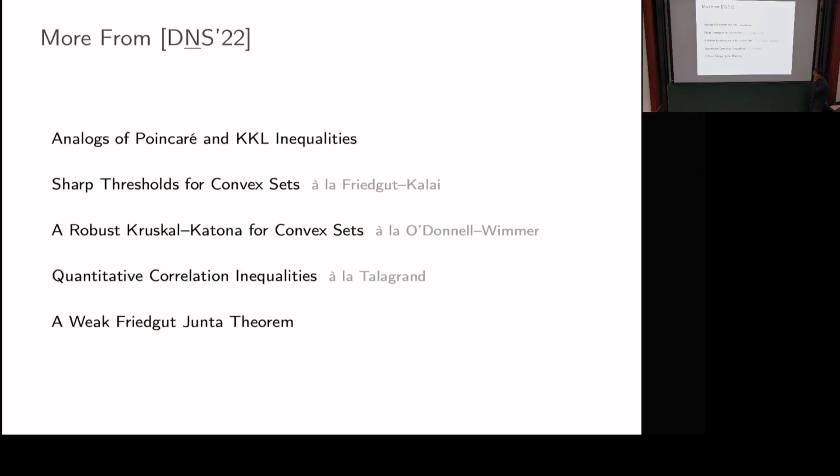But it turns out that you can say a lot more things about this notion of influence for convex sets, including analogs of the KKL theorem. You can prove sharp threshold results, robust density increment results like Pascal-Cortona, and weak forms of the Friedgut-Kalai-Naor theorem for these convex sets. And the proof techniques are very different. KKL and Friedgut's theorem require hypercontractivity over the Boolean cube, but our proofs do not use hypercontractivity.